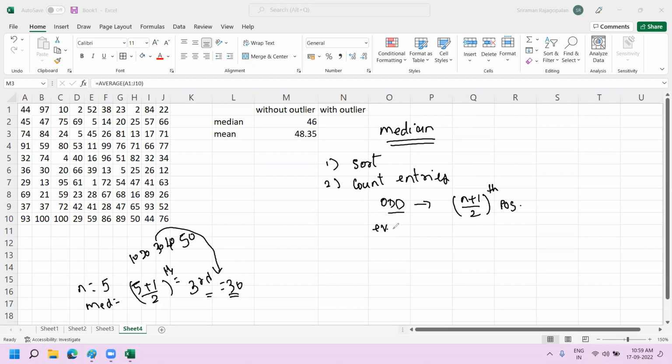When the entry is even, you will take the n by 2th position plus n by 2 plus 1th position, divided by 2.